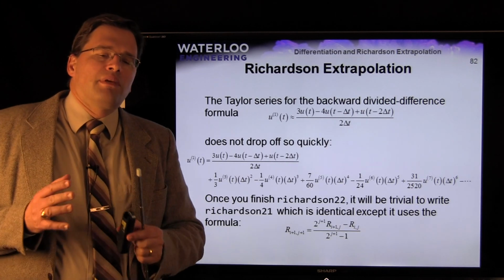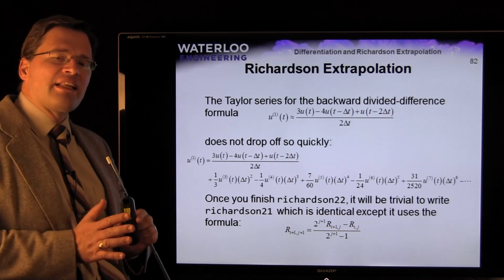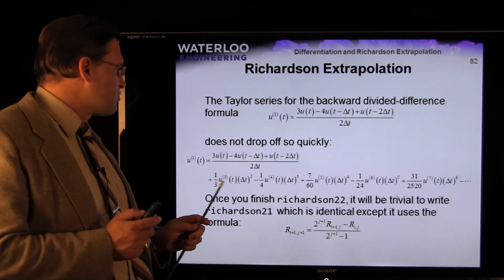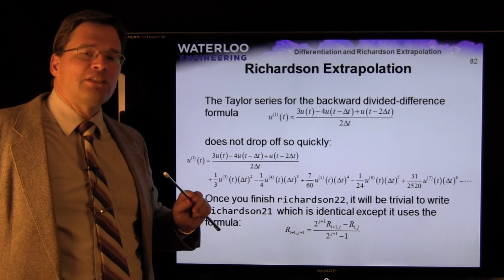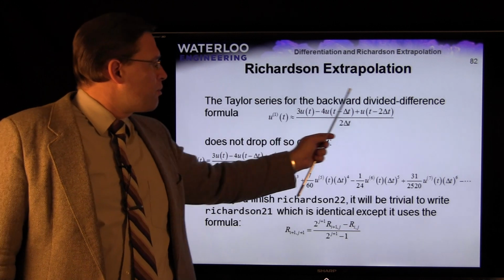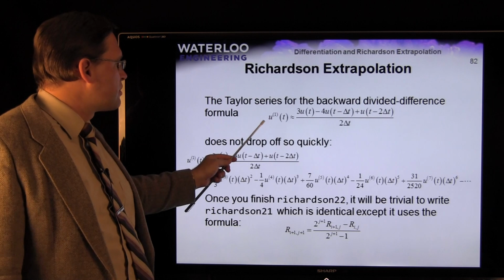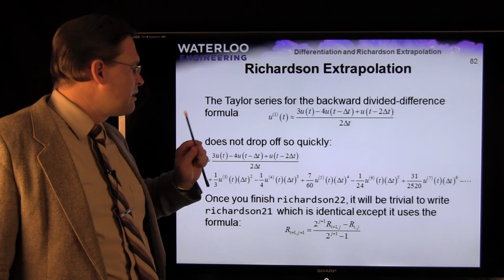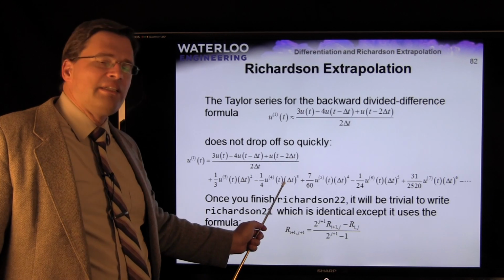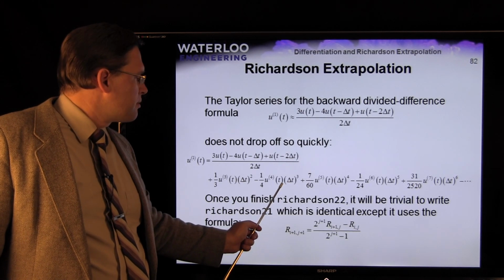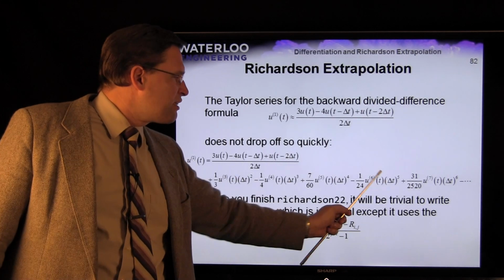Now, the Taylor series for the backwards divided difference formula is not as clean as it is for the centered divided difference formula. Here, yes, the first term is delta t squared. Again, here we're usually interested in time, and so now we're going to consider the derivative with respect to t. Delta t squared, delta t cubed. So notice that squared, cubed, raised to the power 4, raised to the power 5.